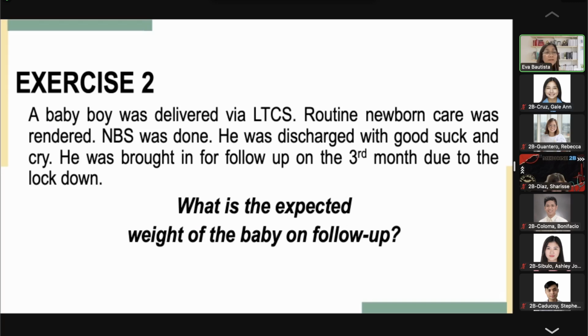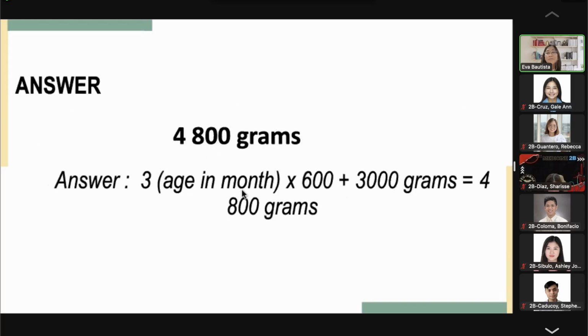The birth weight is not given, so we assume it to be 3,000 grams. 4,800 grams. Yes. Age in months, 3 months times 600 plus average birth weight. Now, this infant at 3 months of age on follow-up should weigh 4.8 kilograms.